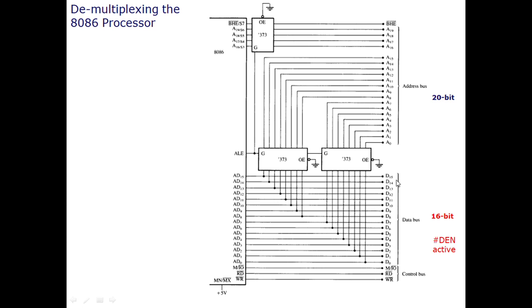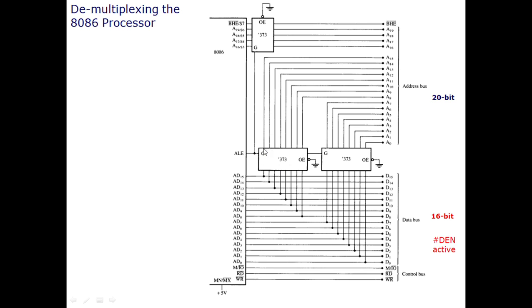So to separate these 16-bit data from these 16-bit address, we need two 8-bit latches. This latch will get 8-bit inputs and will release the 8-bit outputs as soon as the inputs are provided and when this chip is selected.